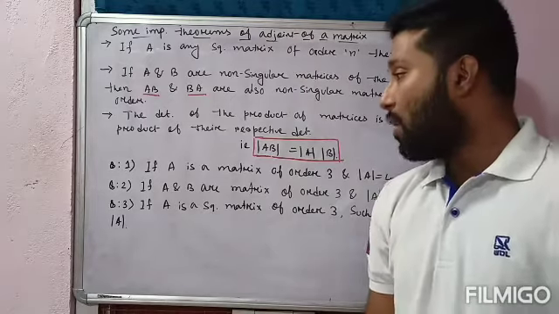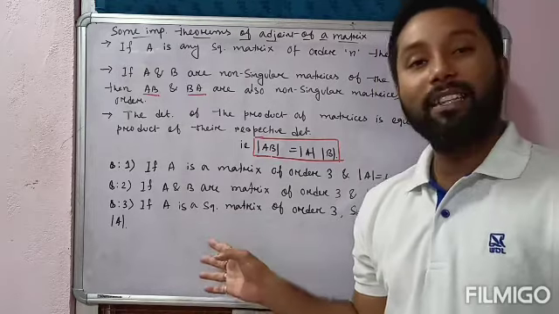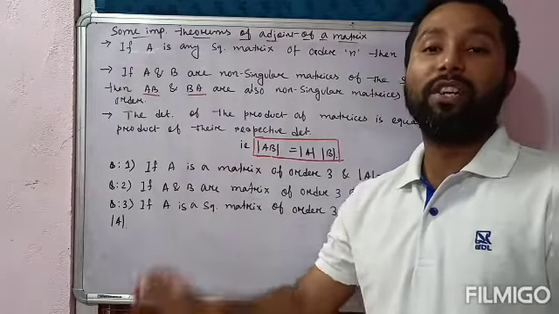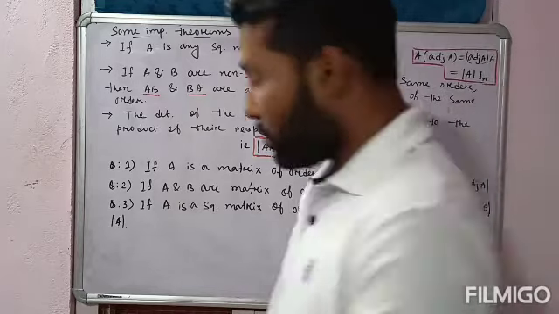Okay, now I'm going to discuss some numericals related to the properties of adjoint of a matrix. In the last class I have given the properties. Let us recall those properties.